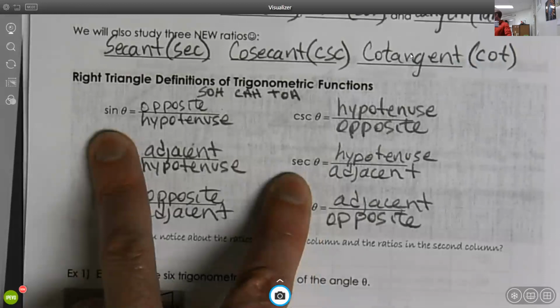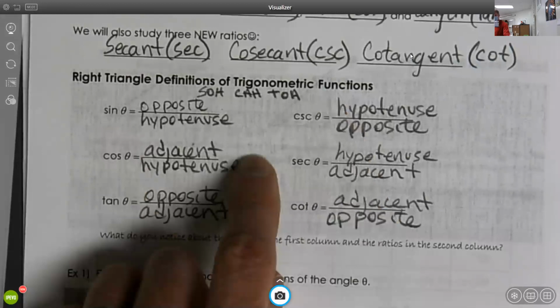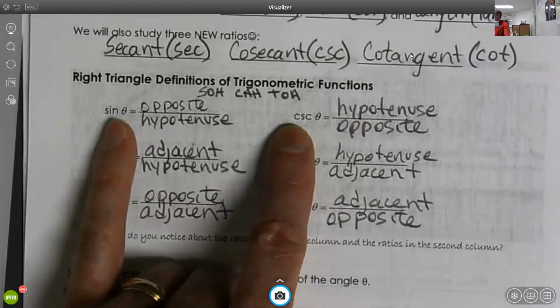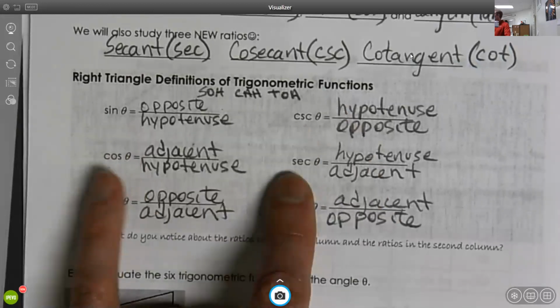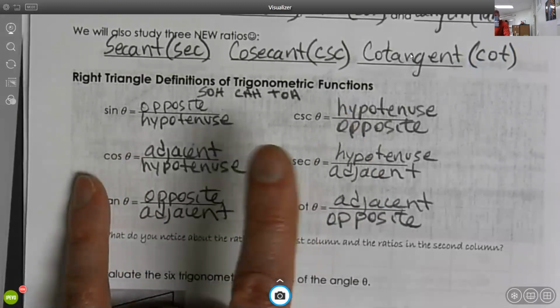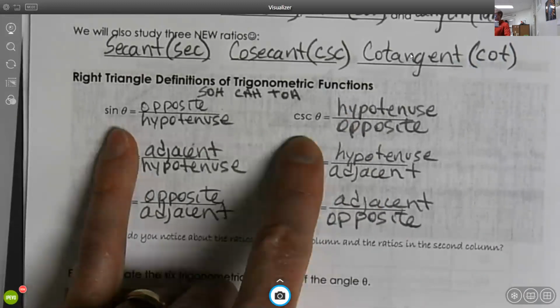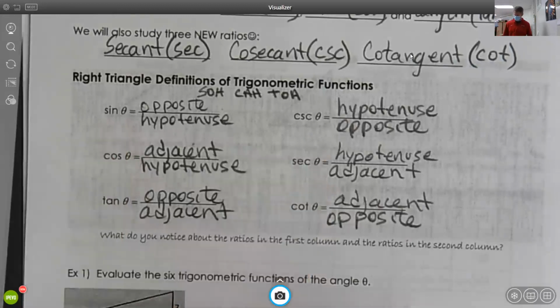They're not reciprocals of each other, and the C's aren't reciprocals of each other, so it's not quite that simple. But in terms of it, they both start with an S and a C. So you have a pair that's matched that way, and you have a pair that's matched with an S and a C. You'll see that in the future when, if you're given the sine ratio, you can then write the cosecant ratio, because this starts with an S, so you know the one that starts with a C is its partner.